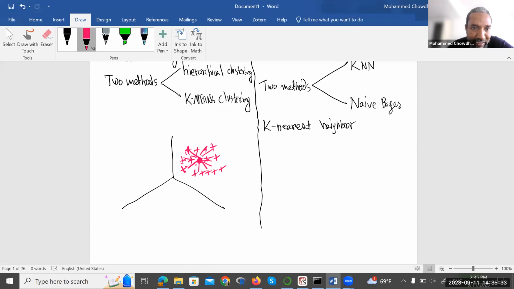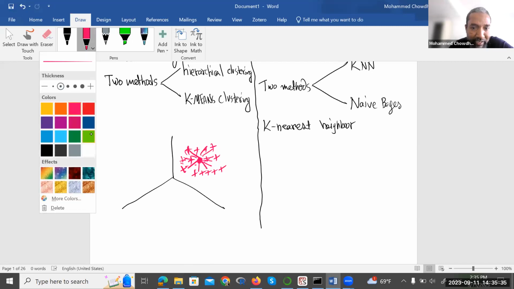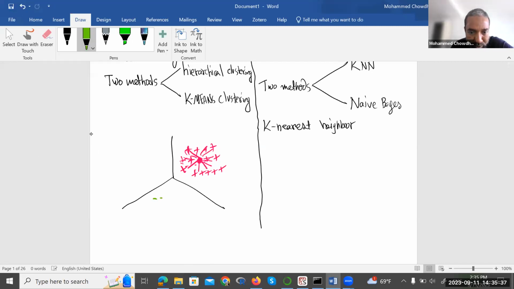Now take another color, suppose you want to consider here like this. Then you are finding the distance by Euclidean distance. So it is another cluster. And then finally, the third one, you can get there like this.